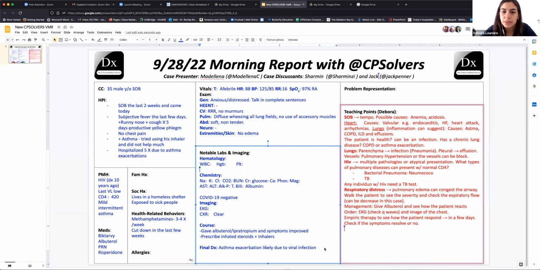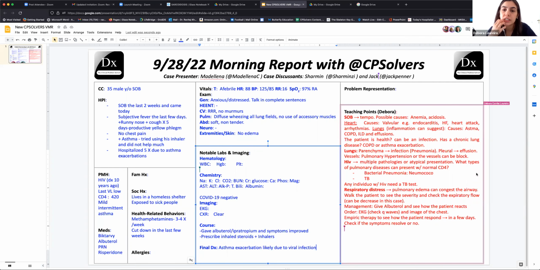And looking at the lungs, we look at the parenchyma, which could be an infection, the pleura, which could be an effusion, and the vessels, which could be pulmonary hypertension or a blockage. The patient is HIV positive, so we think about what types of disease can present with a normal CD4: bacterial pneumonia and TB. Any patient with HIV needs to be tested for TB.